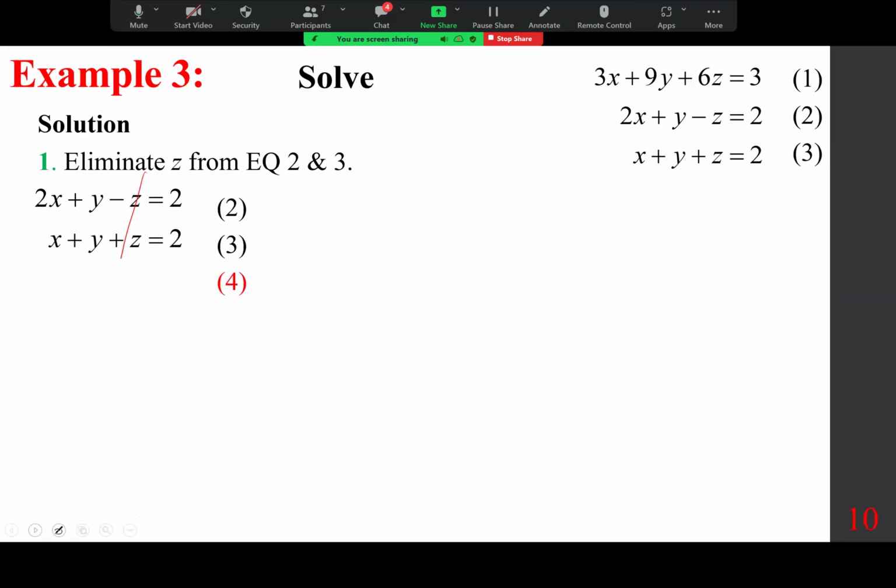We add both sides. Left side, 2x and x is 3x. y and y is 2y. These two cancel each other and go away. The right side equals 2 and 2, 4. Now, I put number 4 next to it, meaning this is equation number 4, because we're going to need that.